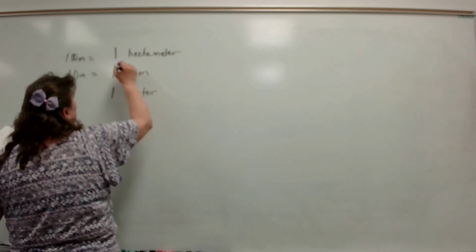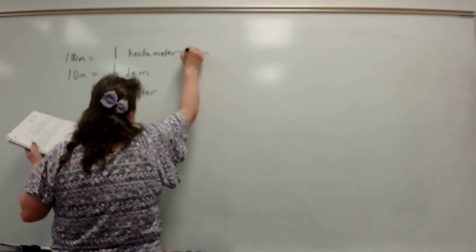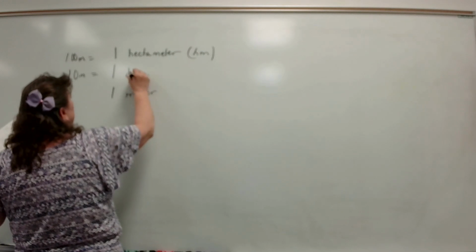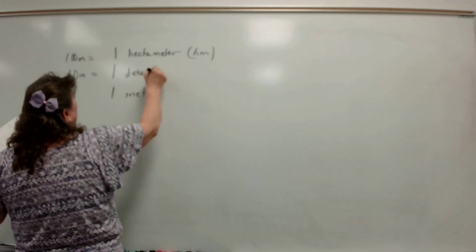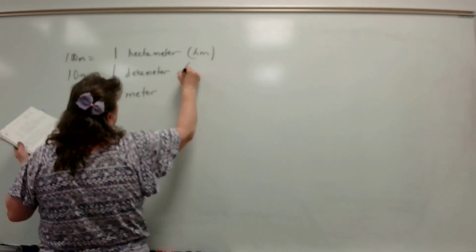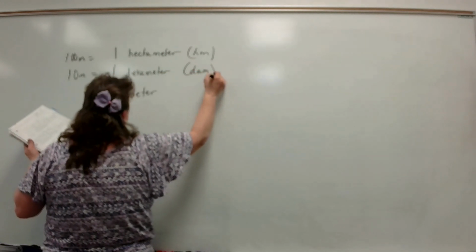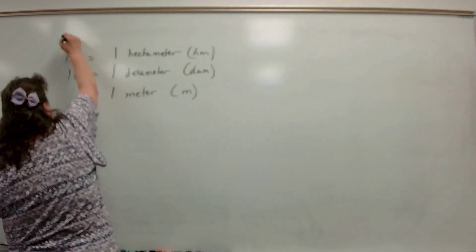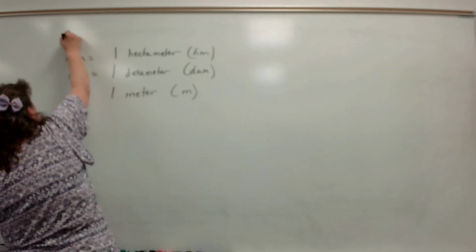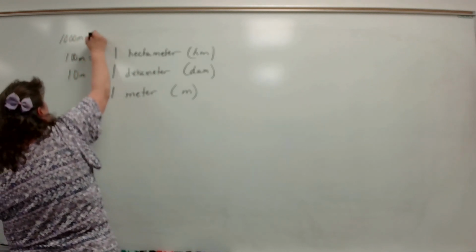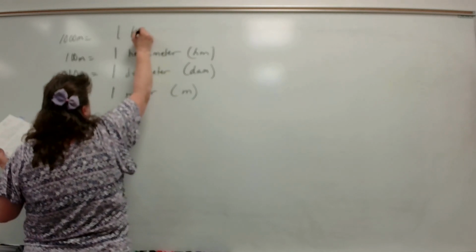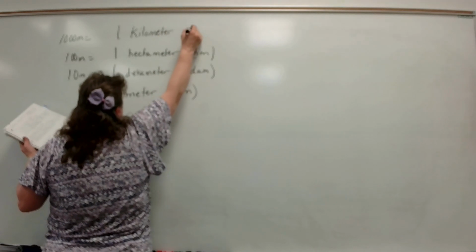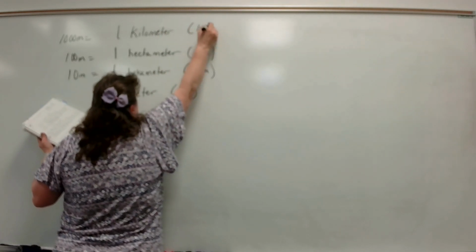Okay? And usually HM would be your abbreviation for that. This is decameter, and it is called DAM. And this is just an M for meters. If I have 1,000 meters, this one is 1 kilometer. And I know you've heard of those. And the abbreviation is KM.